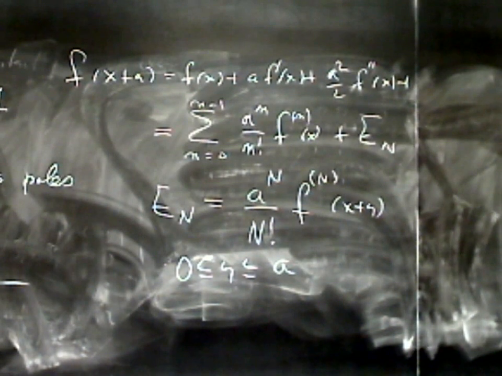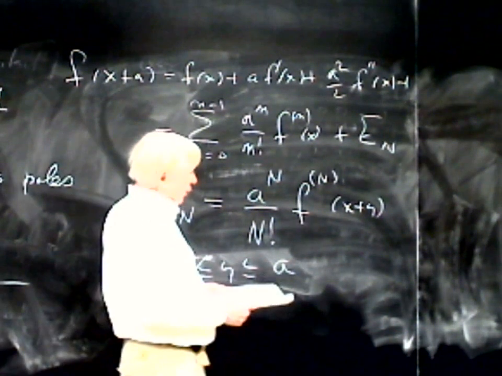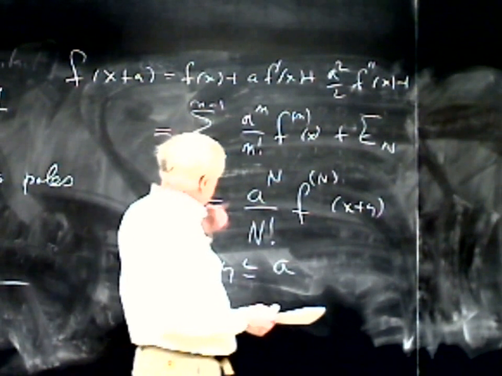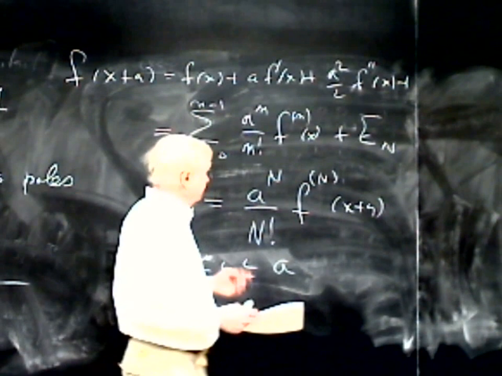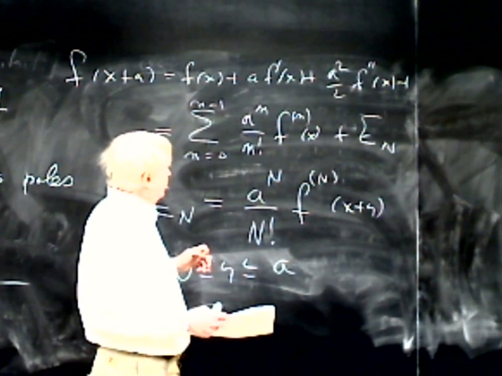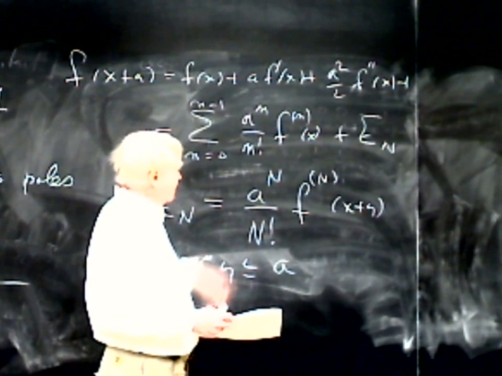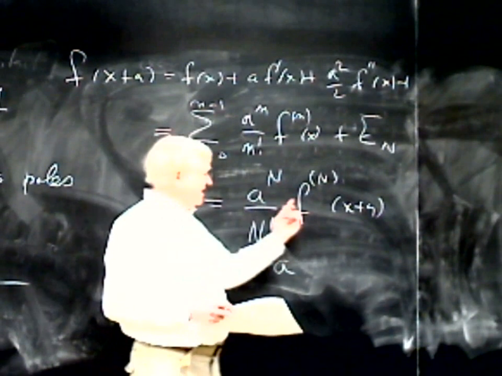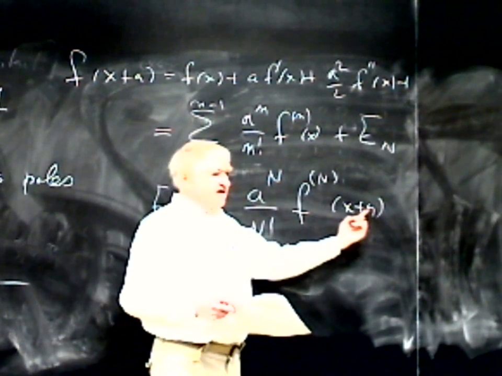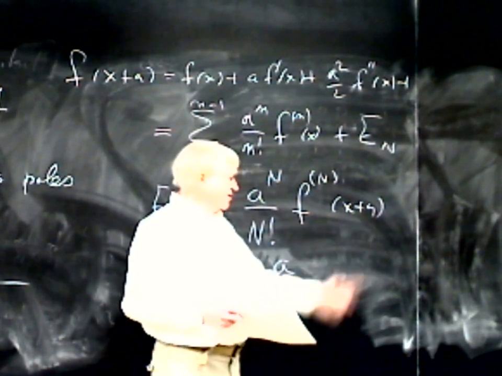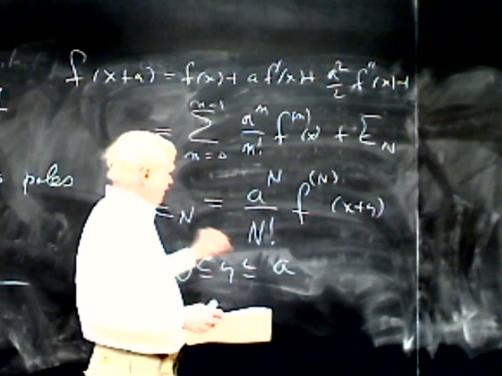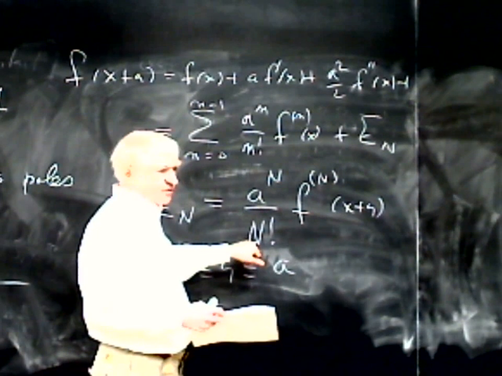Now, for many functions, especially the ones that we're most familiar with, e sub n goes to 0 as n goes to infinity. Well, it depends on what a is, but in fact, unless these derivatives are going crazy as n goes to infinity, then clearly this is going to 0 because it's going down as 1 over n factorial.